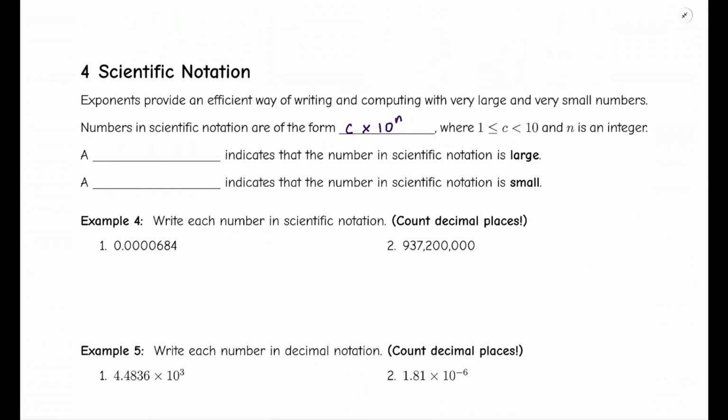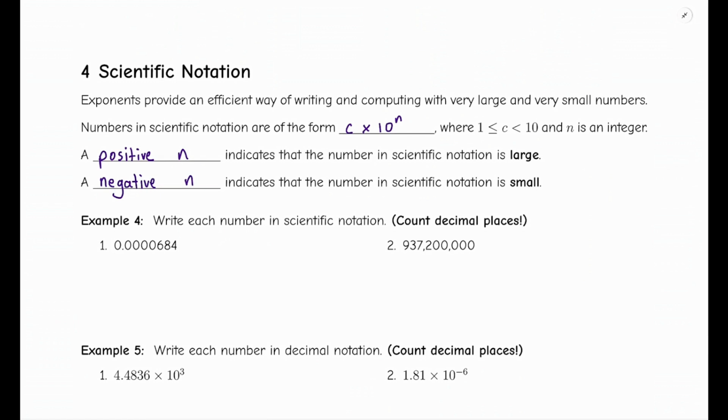In other words, c is a number with one number to the left of the decimal point, and n is an integer. A positive n indicates that the number in scientific notation is large, and a negative n indicates that the number in scientific notation is small.